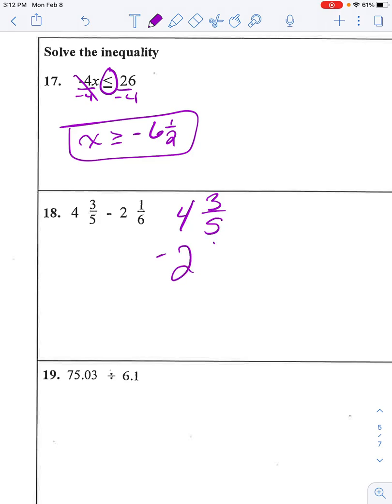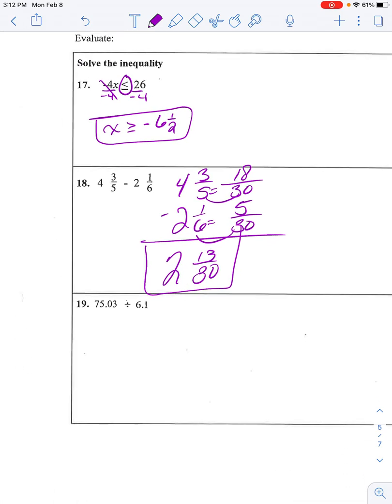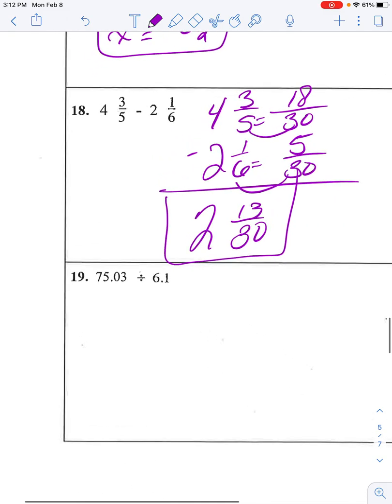Subtracting with mixed numbers, I need a common denominator. Let's do 30 would be our least common multiple, times 6, times 5, subtract 2 and 13/30. And then finally, we're going to do 75 and 300ths divided by 6.1. You may not have a decimal on the outside.